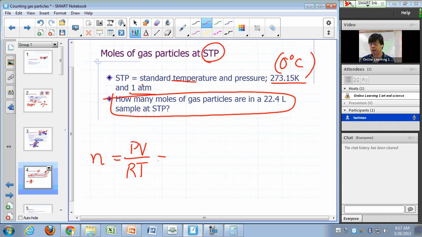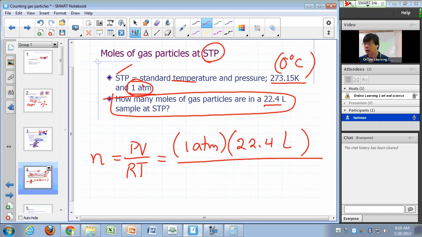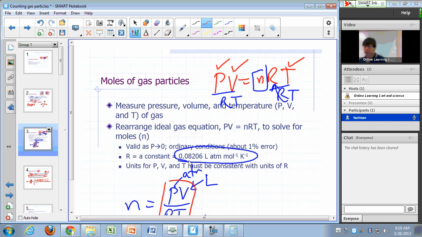My pressure is 1 atmosphere. I'm going to treat that number as exact because it's defined as standard pressure. Volume is 22.4 liters, given to 3 sig figs here. What is our R? Go back to our previous slide: 0.08206.